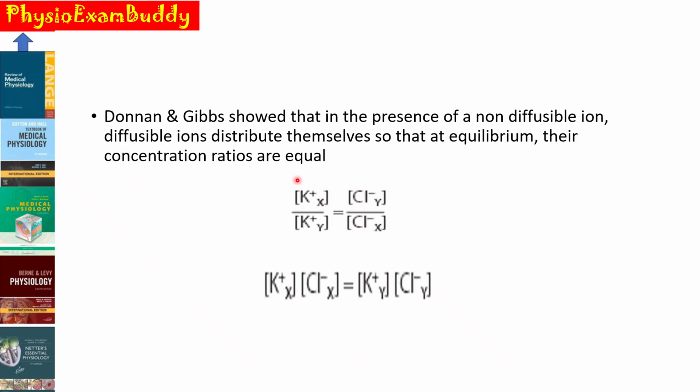That is, at equilibrium the concentration of potassium in X divided by the concentration of potassium in Y is equal to the concentration of chloride in Y divided by the concentration of chloride in X. By rearranging this equation, you will get: concentration of potassium in X times concentration of chloride in X is equal to the potassium concentration in Y multiplied by the chloride concentration in Y.